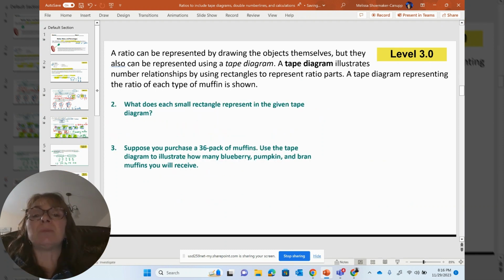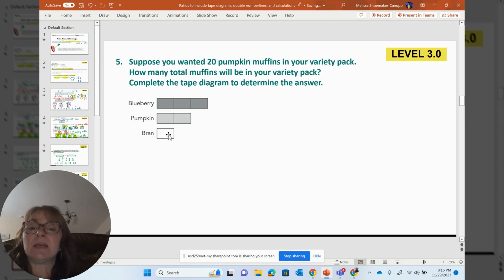A ratio can be represented by drawing objects themselves. That's what we just did. But we can also use a tape diagram. Tape diagrams illustrate the number relations by using rectangles to represent the ratio parts. A tape diagram representing the ratio of each type of muffin is shown. And I see that I accidentally deleted it.